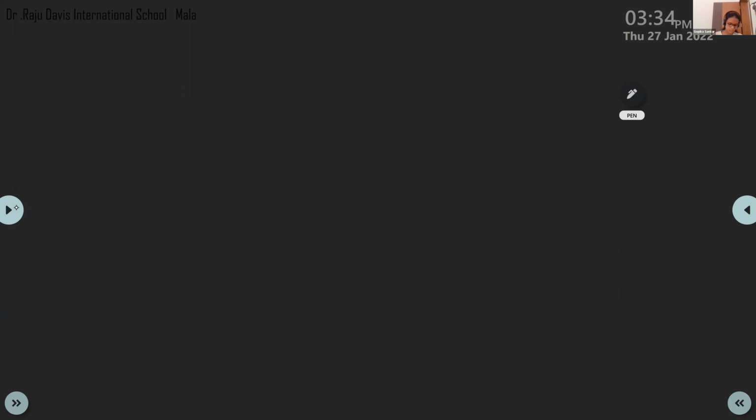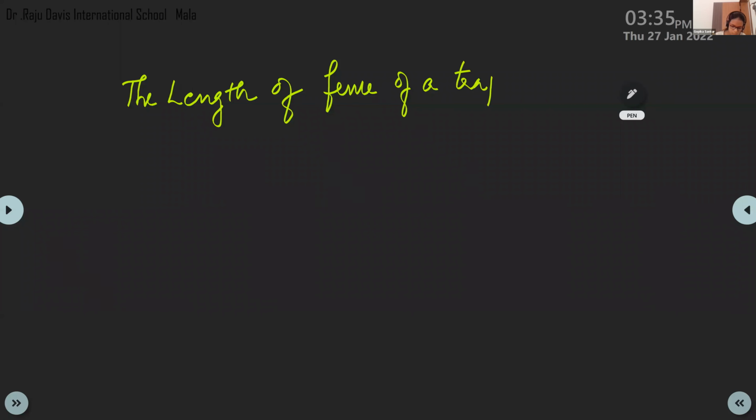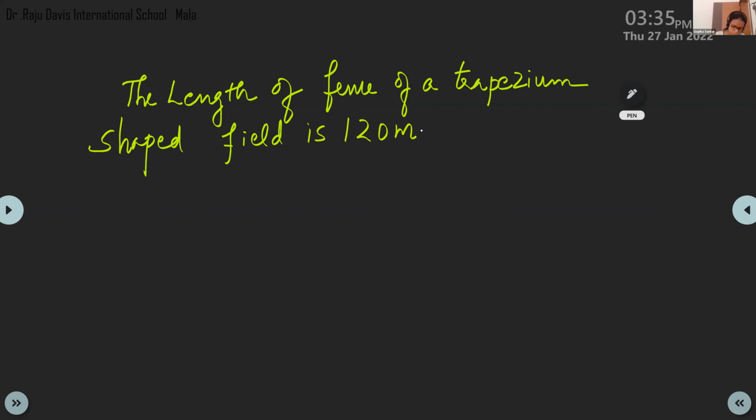The length of the fence of a trapezium shaped field ABCD is 120 meter.